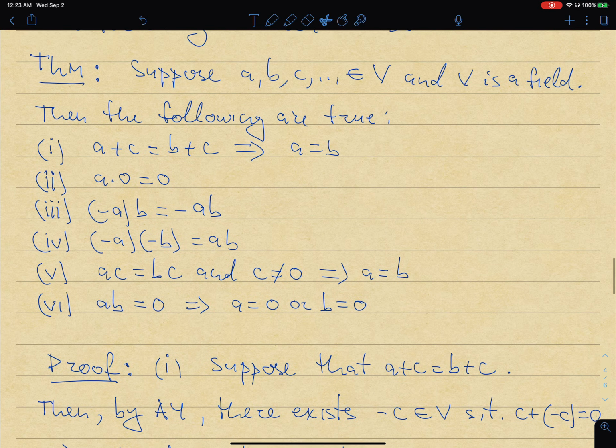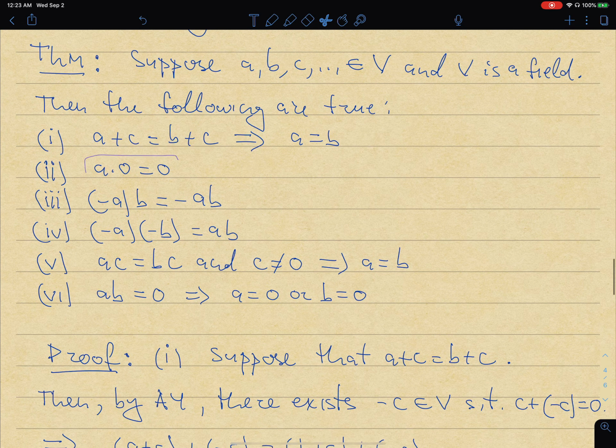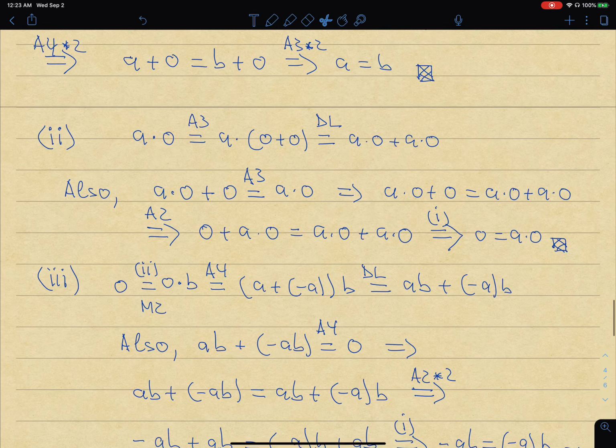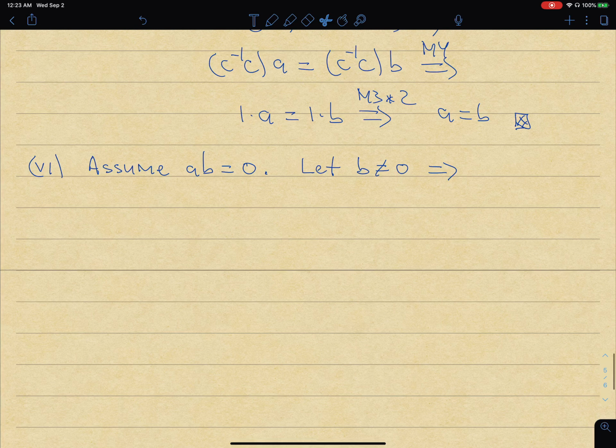Because property 2 said that a dot 0 is equal to 0. So by property 2, B times 0 must be equal to 0.